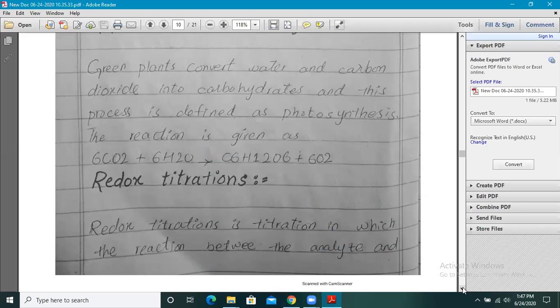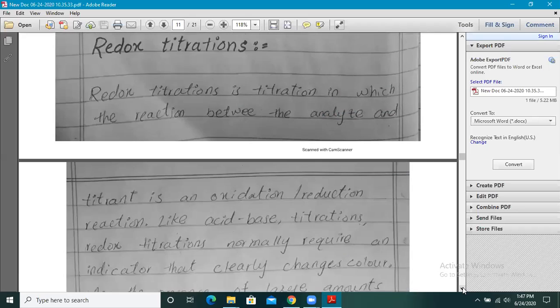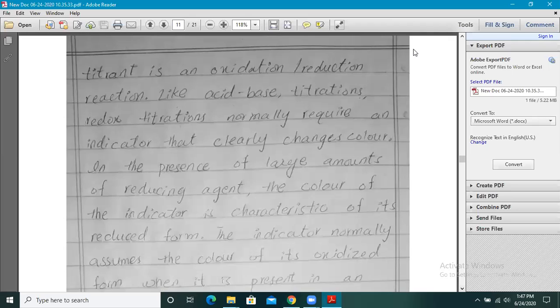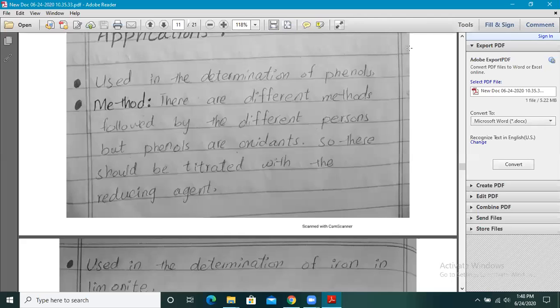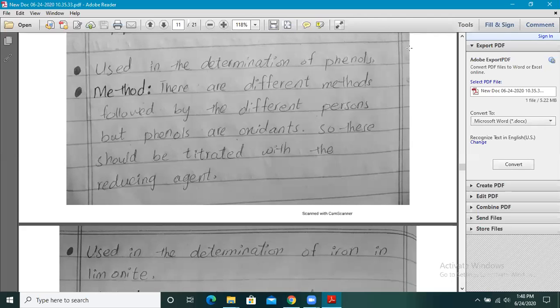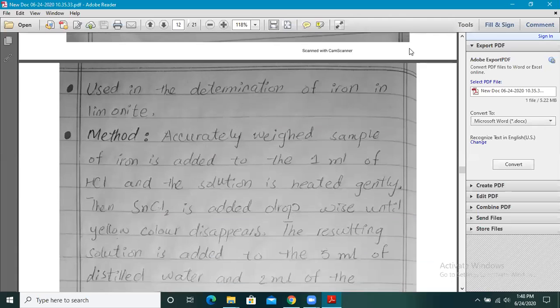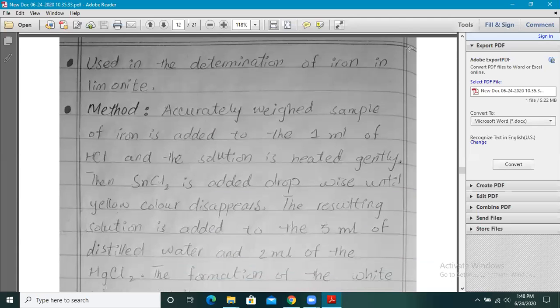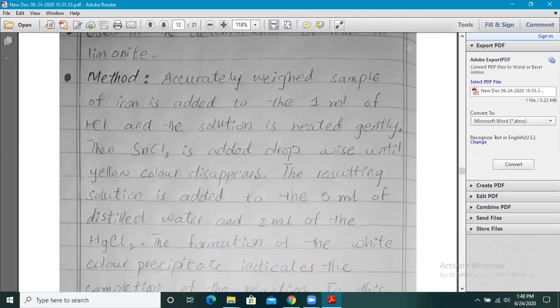Redox titration is basically a reaction between the analyte and the titrant that is an oxidation. Next, we have the application method, which accurately tells about the samples and the ions.